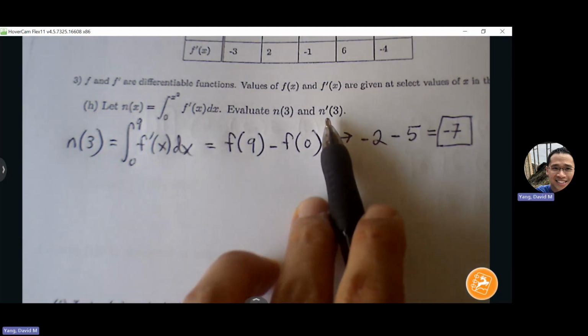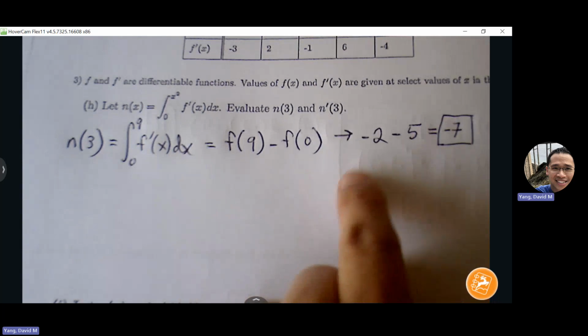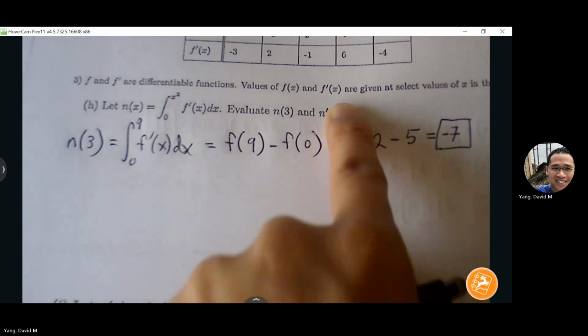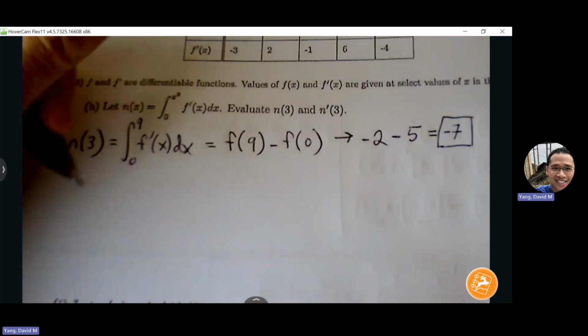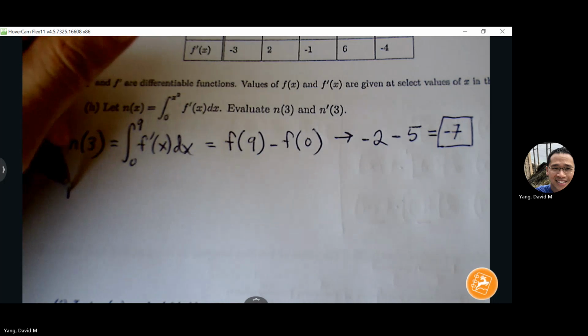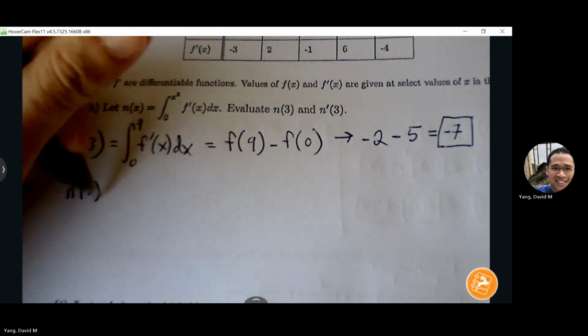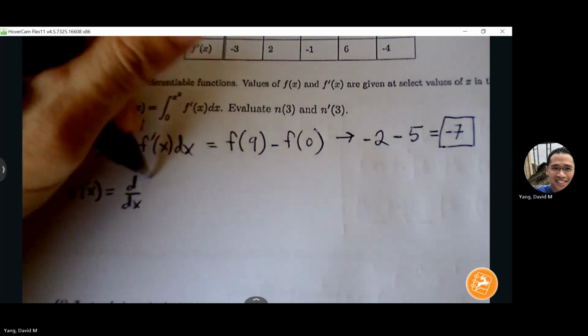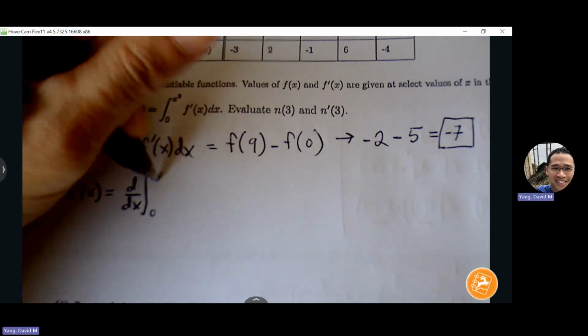Okay, before we can find n prime of 3, we should find what first? The derivative of n of x, yep. So let's find the derivative first. Look at how this is set up here.